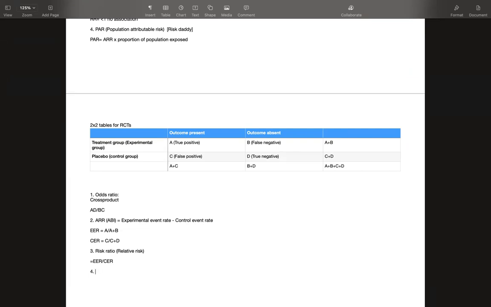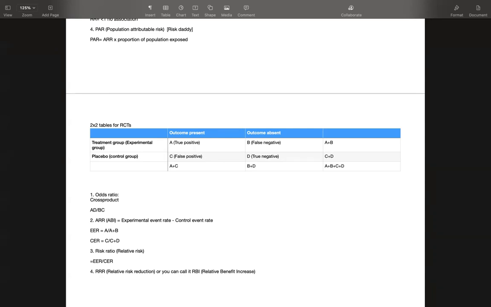What is it? It is RRR, relative risk reduction, or you can call it RBI, relative benefit increase.